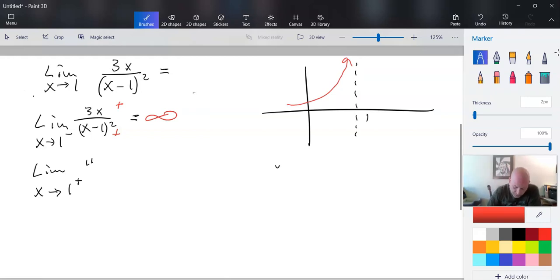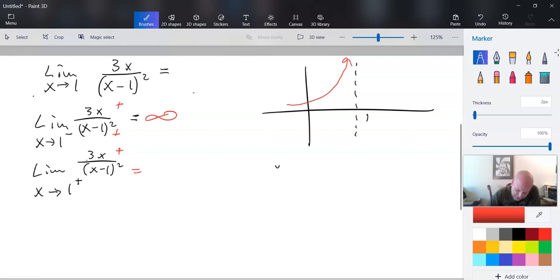All right, now we're going to look at the same function again, but this time from the right-hand side. Actually, I should have just rewritten the whole function. I'm going to do it anyways. 3x over x minus 1 squared. Okay. Now, if I pick numbers that are bigger than 1, those are all going to be positive. So when I multiply it by 3, I get a positive number.